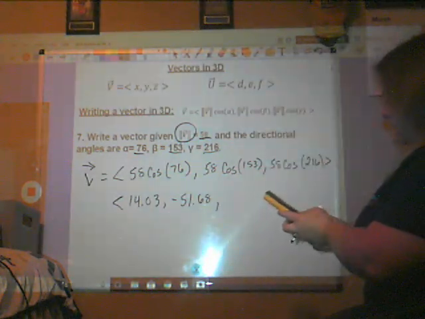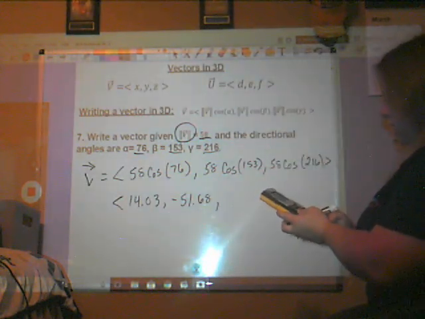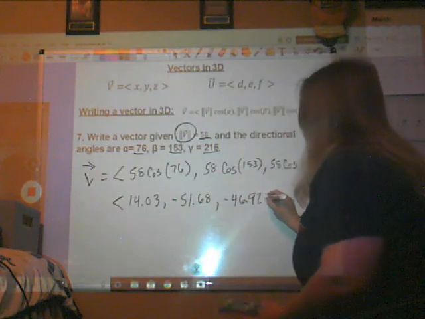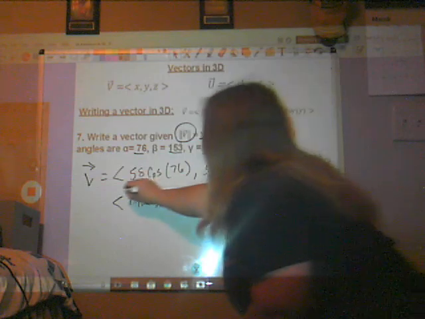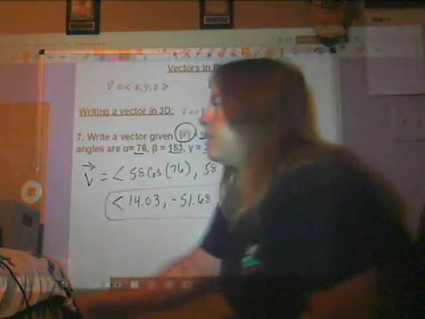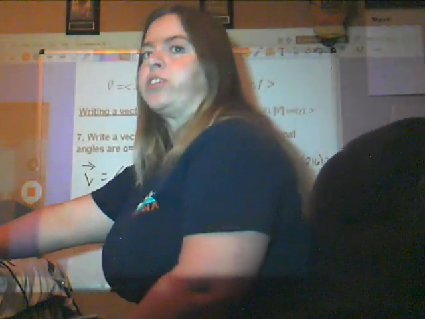And then 58 times the cosine of 216 is negative 46.92. And that is vector v in this case. And that is vectors in 3D.